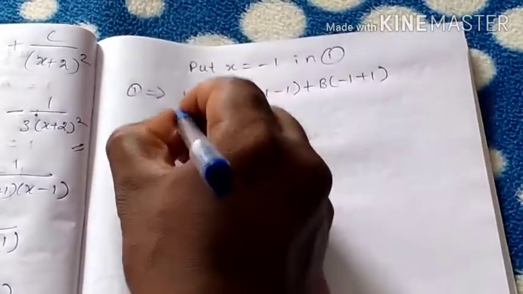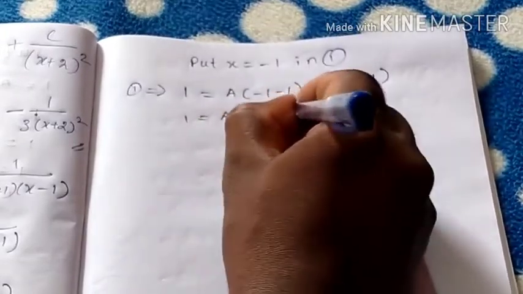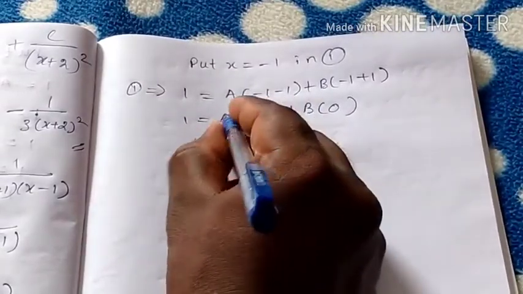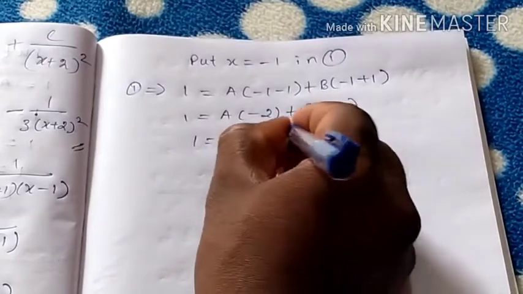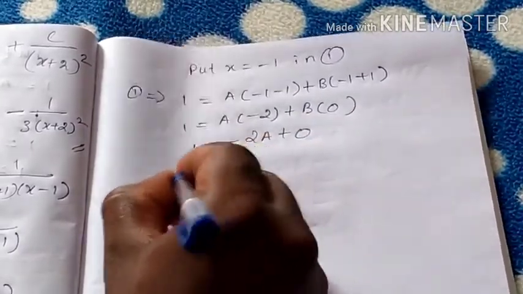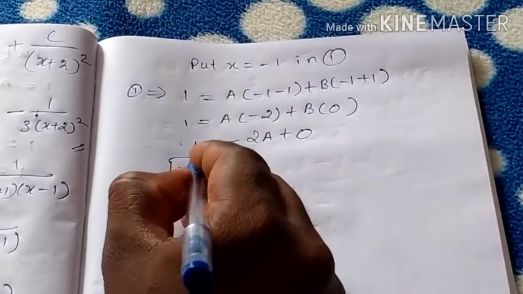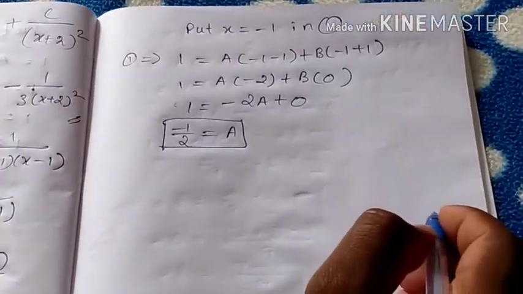Okay, then 1 equal to a into minus 1 totally minus 2, plus b into minus 1 plus 1 is 0. 1 equal to plus into minus minus, a into 2, 2a, b into 0, 0. Okay, so a is equal to minus 1 by 2. Okay, making the transposition, we get the denominator value minus 1 by 2. Now we get the value of a and b.